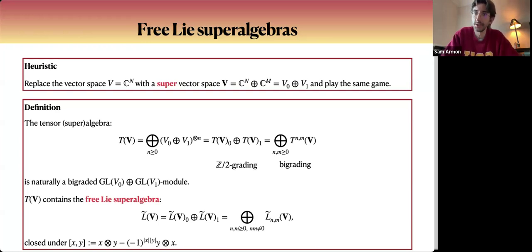But the way it's constructed is essentially analogous to the way it was before. Before, the free Lie algebra had a single grading. Here, the free Lie superalgebra has a bigrading, where this n-m-th component, like in the tensor superalgebra, consists of bracketings with exactly n letters from the even component of my vector space and m letters from the odd component.